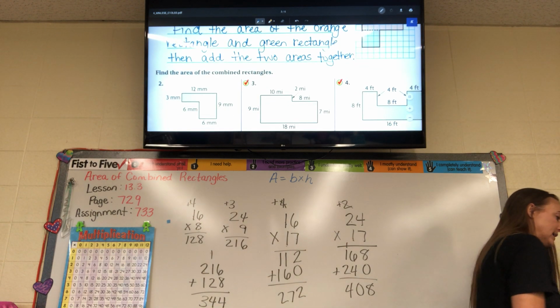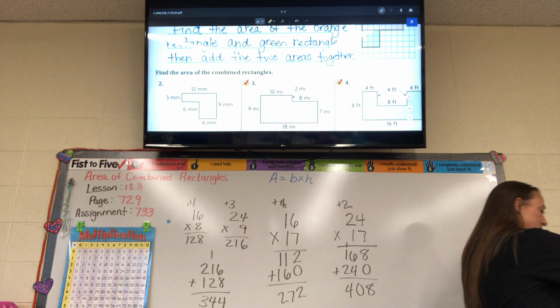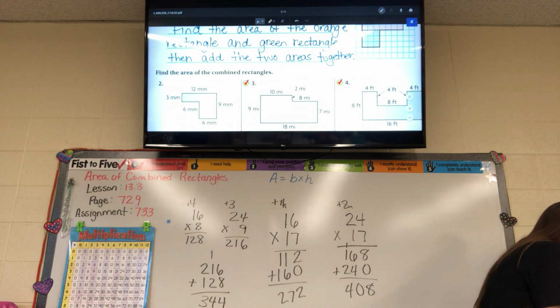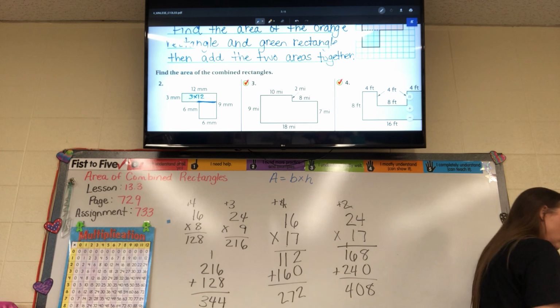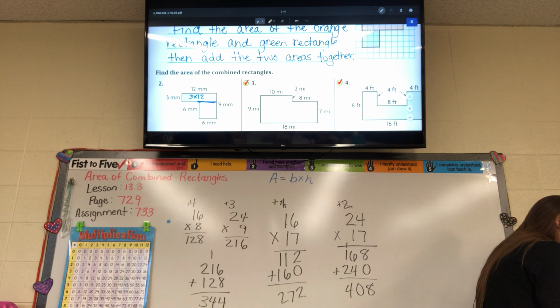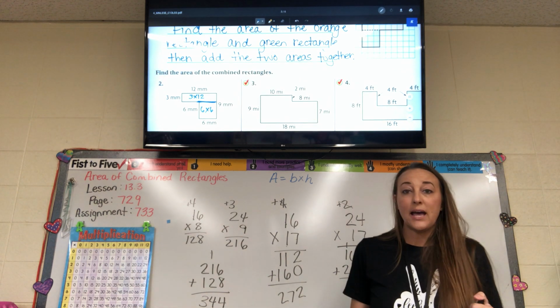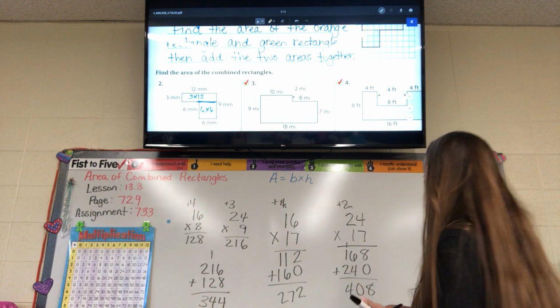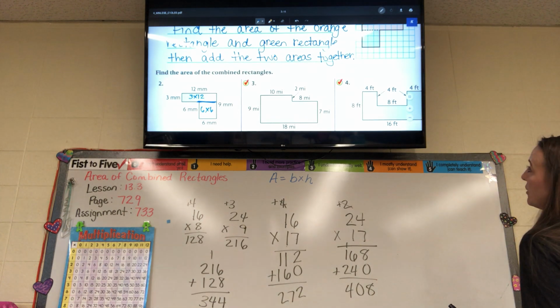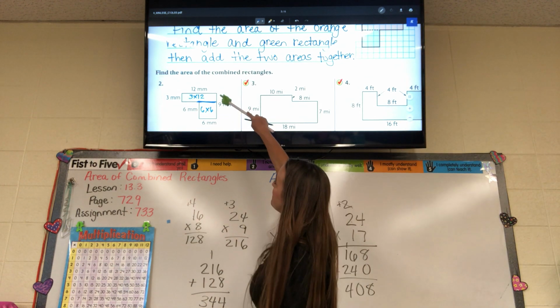So next, we need to find the area of the combined rectangles. Okay, so I'm going to draw a horizontal line right here and multiply 3 times 12 to get this top rectangle. And then I'm going to multiply 6 times 6 to get the bottom rectangle. Why didn't I use 9? Because 9 is part of both of our rectangles, right?